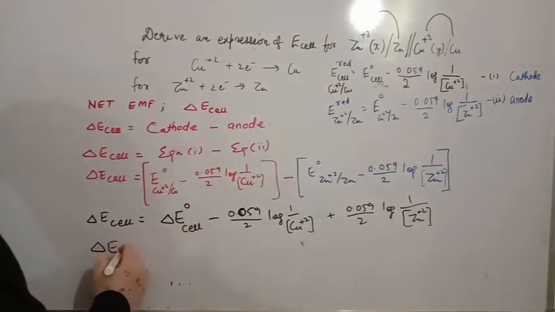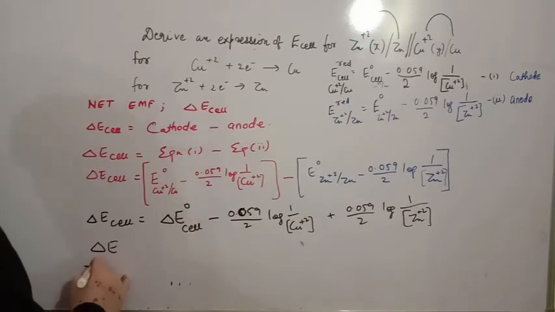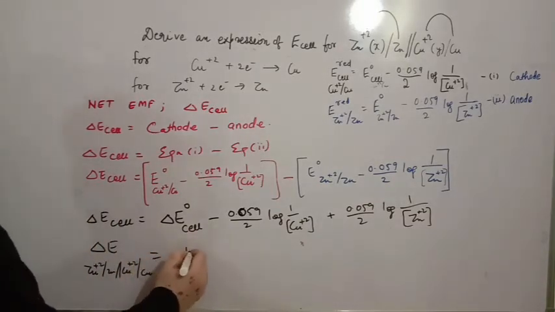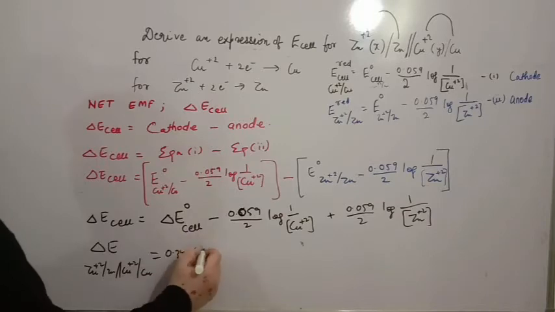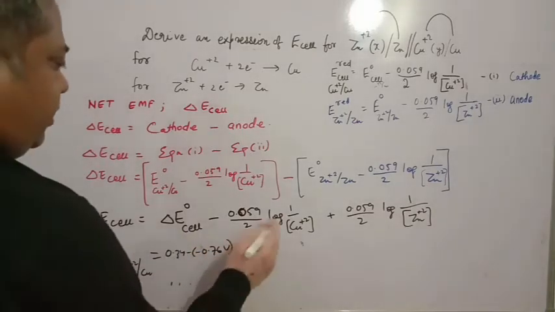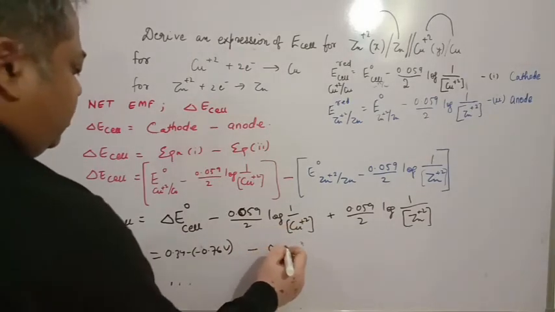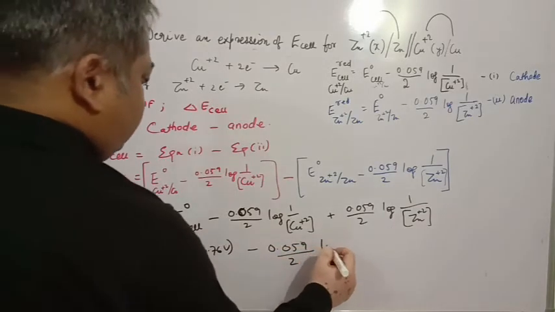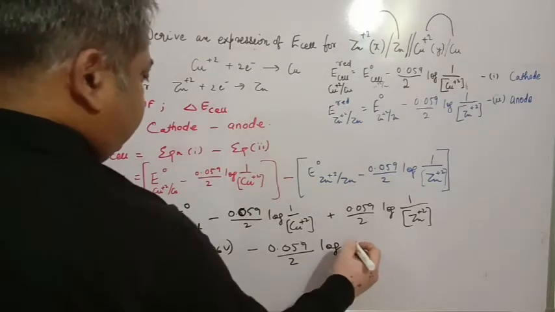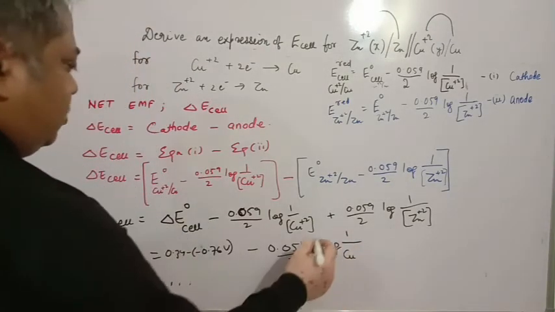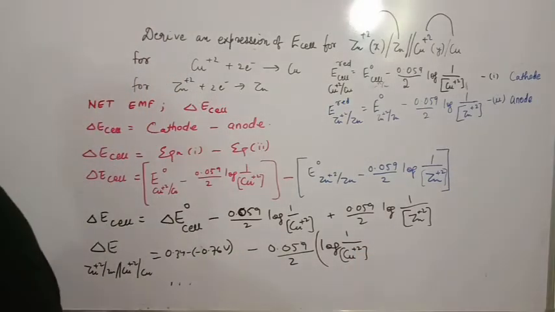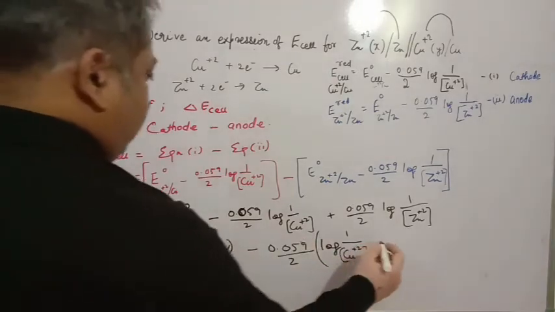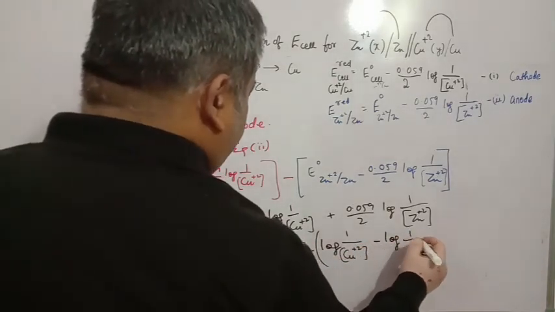So E cell of the cell in which Zn2+ Zn, salt bridge, Cu2+ Cu, is equal to 1.1 volt, or we can write 0.34 minus 0.76 volt, and then we take 0.059 by 2 common, as minus log 1 by Cu2+, and since we have taken brackets, we put minus log 1 by Zn2+.